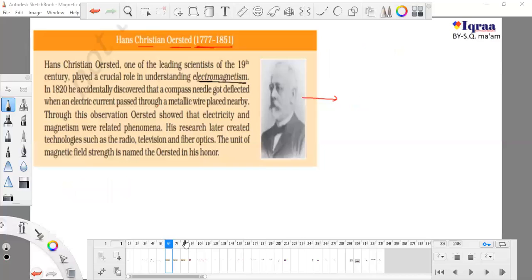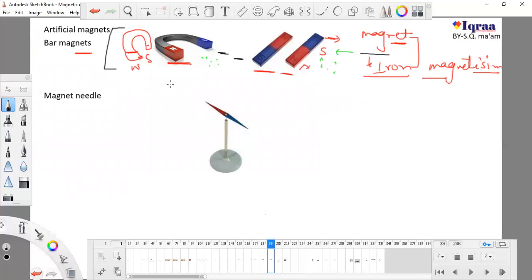So what really happened is that the scientist known as Oersted discovered this accidentally. This electric magnetism, what is electric magnetism? A normal magnet doesn't need electricity.